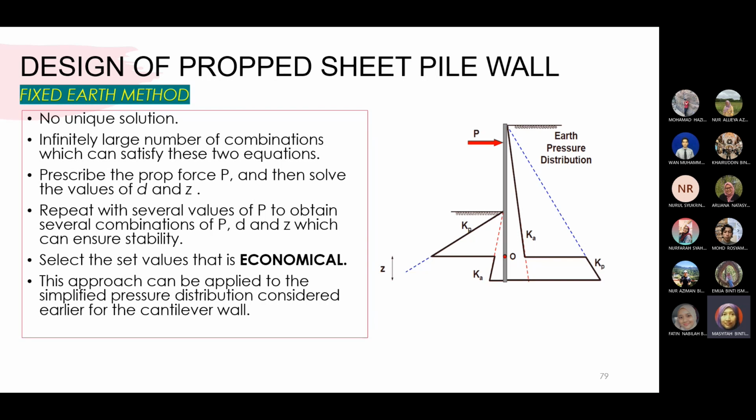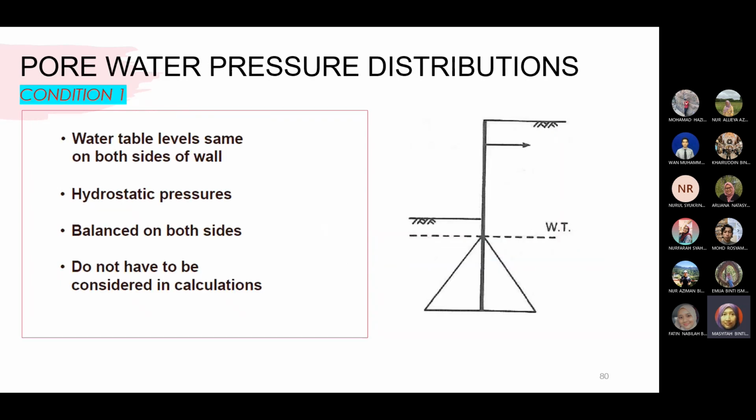So the approach can be applied to the simplified pressure distribution considered earlier for the cantilever wall. Okay, these are the conditions untuk pore water pressure distribution. Actually ada 5 conditions. So you can have your own reading lah untuk look at the differences between condition 1 until condition 5.